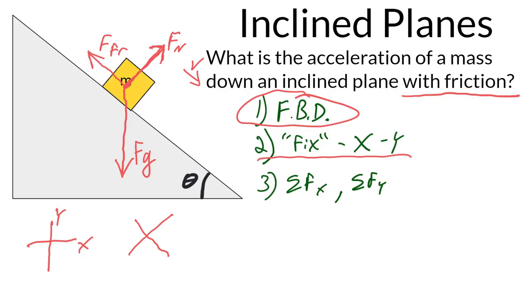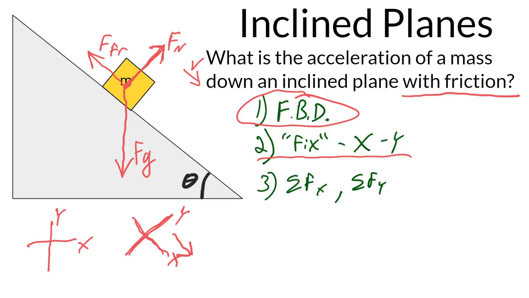We're going to rotate it so that the X direction represents the direction of motion of the object. And then the Y direction would be perpendicular to that direction. By rotating our coordinate system, it actually makes the problem easier. It's one of these situations where we make the problem harder to make it easier.